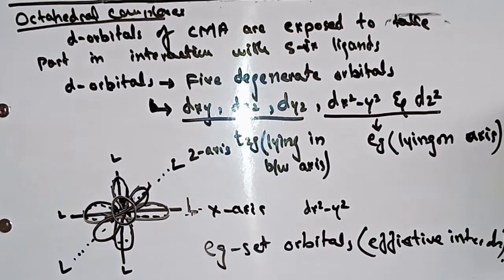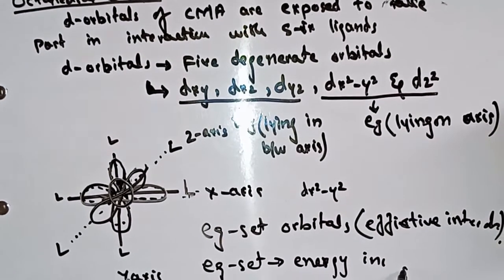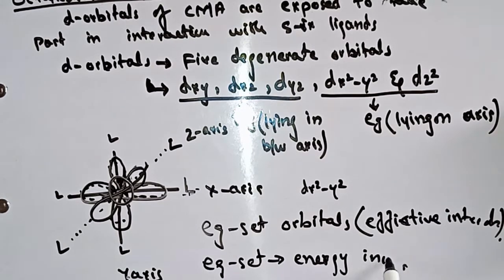So in this case the energy of the eg set of orbitals increases. Why is it increased? Because effective, head-to-head interaction is present here.